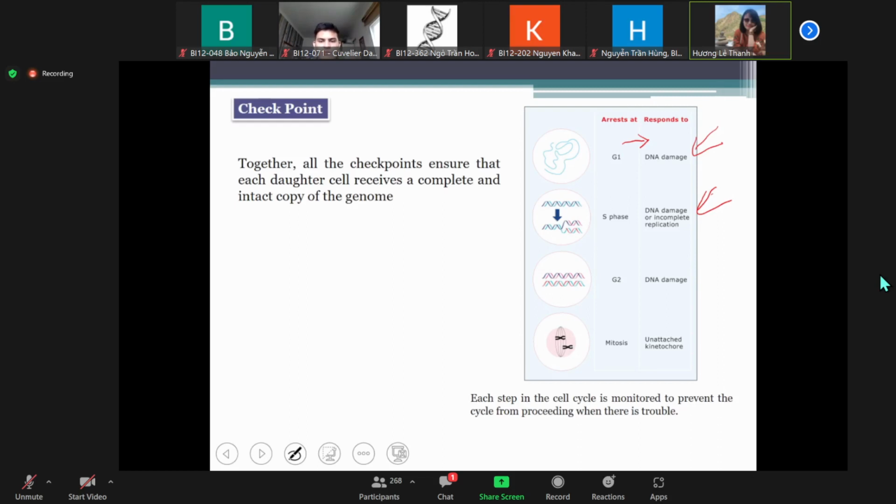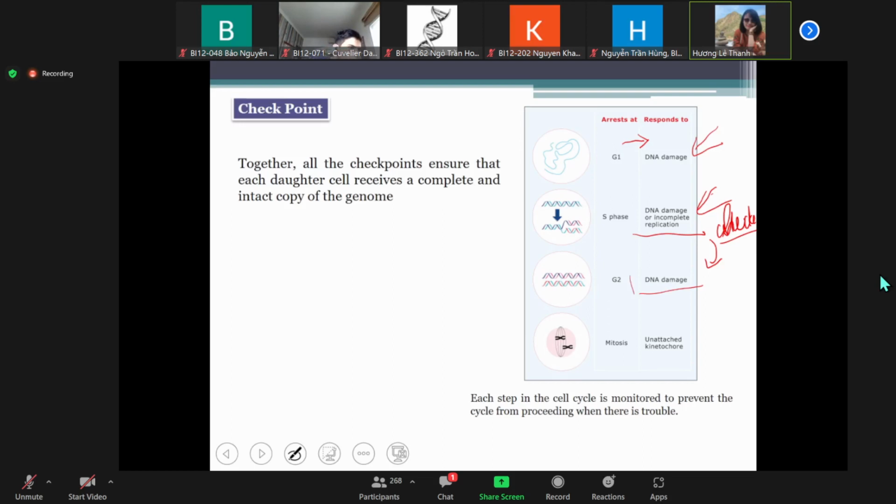So they have a complete replication. So from one DNA strand become 2 identical DNA strands. It needs to complete the S phase, and if they have been checked, it's okay. They need to move to the second step. In G2, they check again whether the DNA is damaged or not.